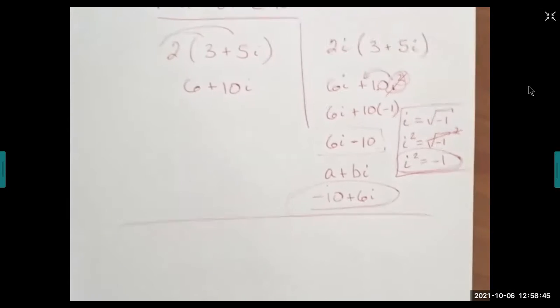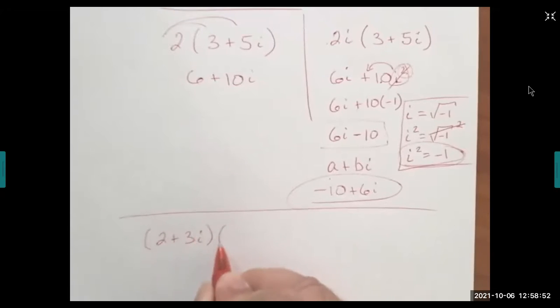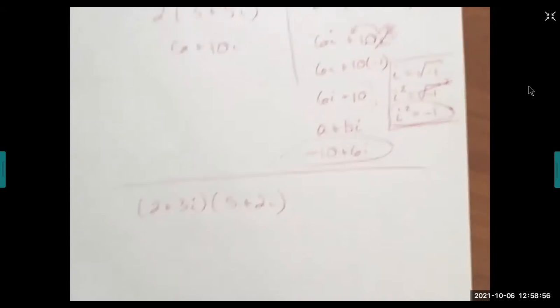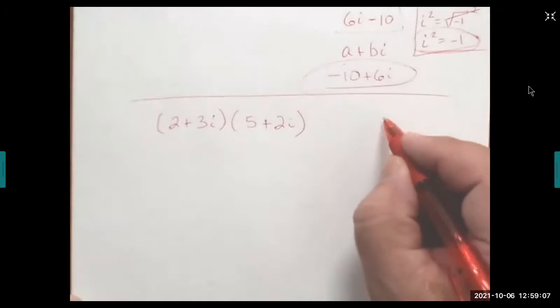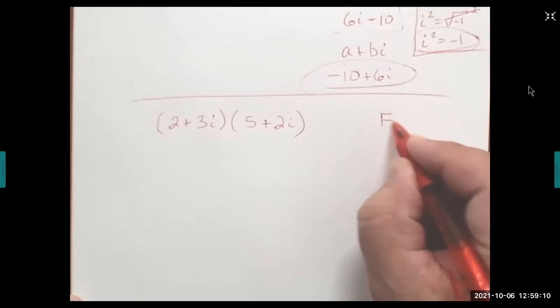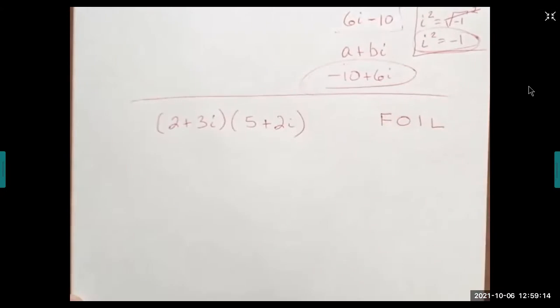Okay, with that, let's go and expand our numbers. 2 plus 3i, 5 plus 2i. So what method are we going to use to multiply these two together? Anybody remember those 4 letters? We're going to use the FOIL method.